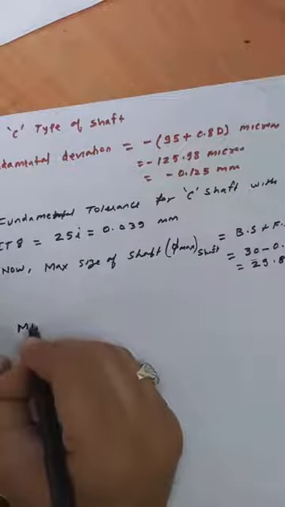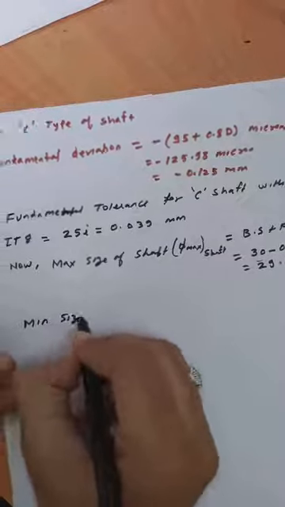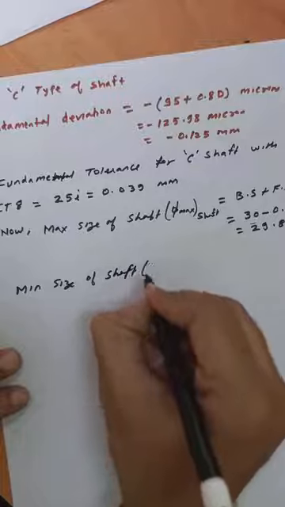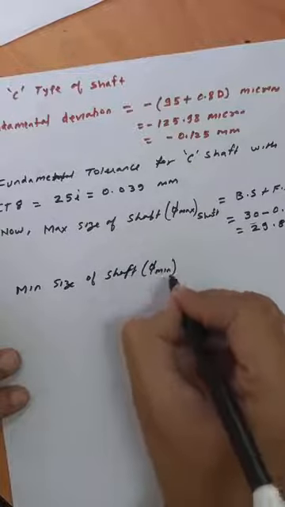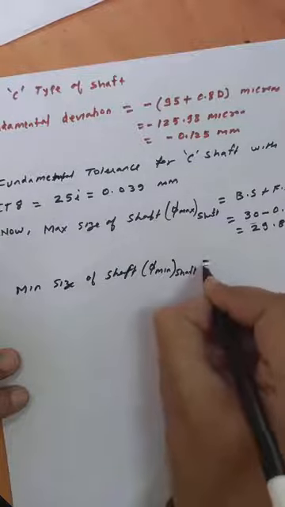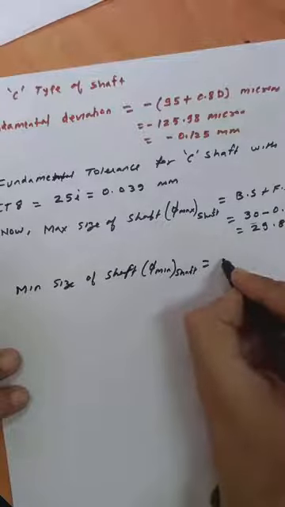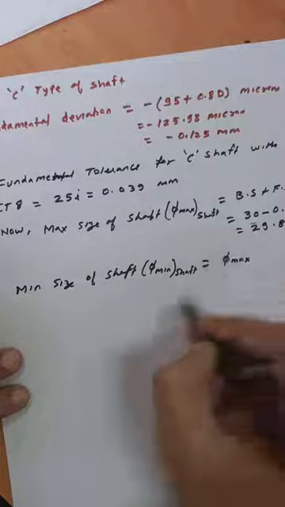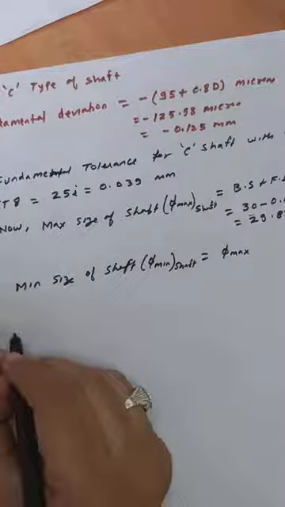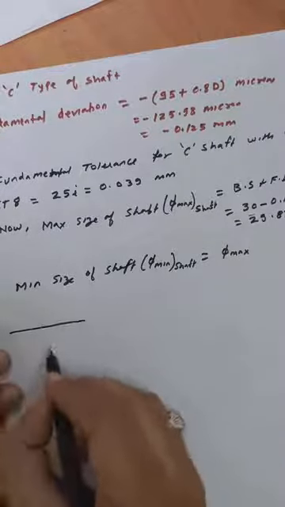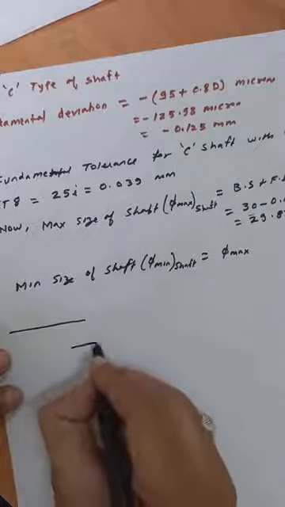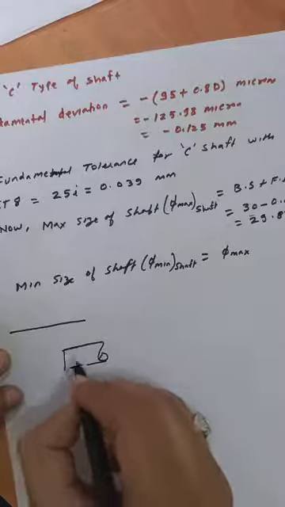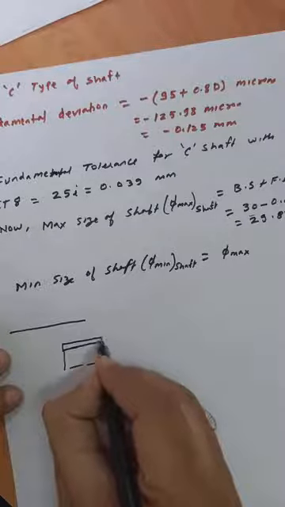Then the minimum size of shaft, that is phi minimum for shaft, comes to be phi maximum minus the tolerance, because if you draw this as a basic size and this is the shaft, and this is the tolerance.